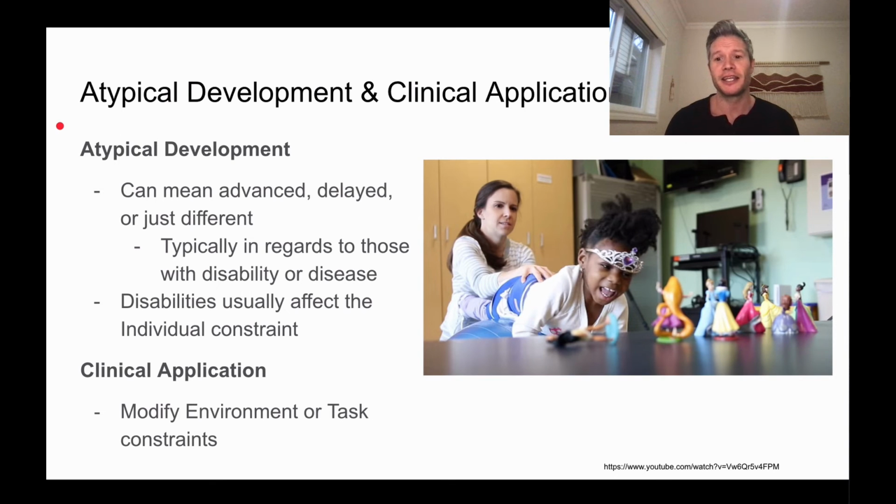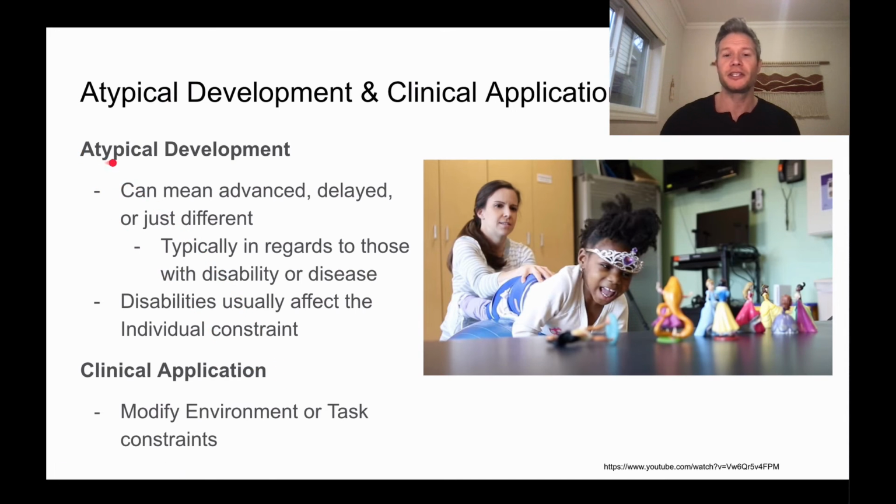When you notice someone is starting to atypically motor develop over time, what you can do is modify the environment or the task to make it more fun for kids, but also at the same time allow them to achieve it and motivate them. So you change the functional constraint to be able to achieve these movements, and want to move more, and encourage the type of movement you want them to practice, okay?